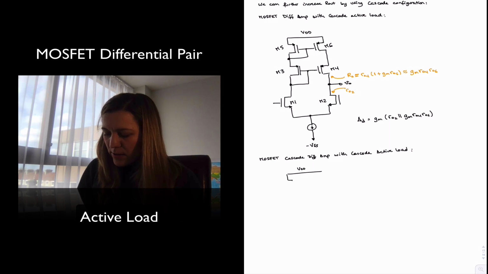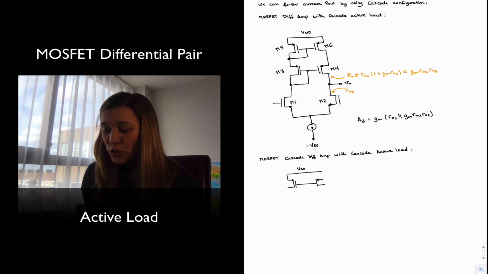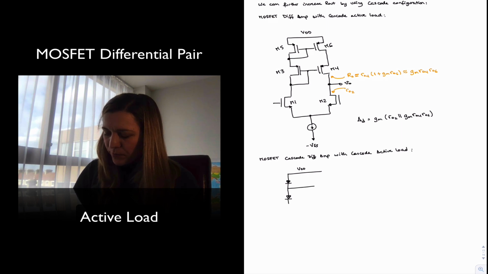And as the name implies, for simplicity, I'm just going to represent M5 and M3, the two diode connected transistors, as diodes. And I hope that doesn't confuse anybody. They're electrically equivalent connections. Nothing has changed on the top part with respect to the previous example. The only thing that I'm changing is making life simpler for myself, I suppose.